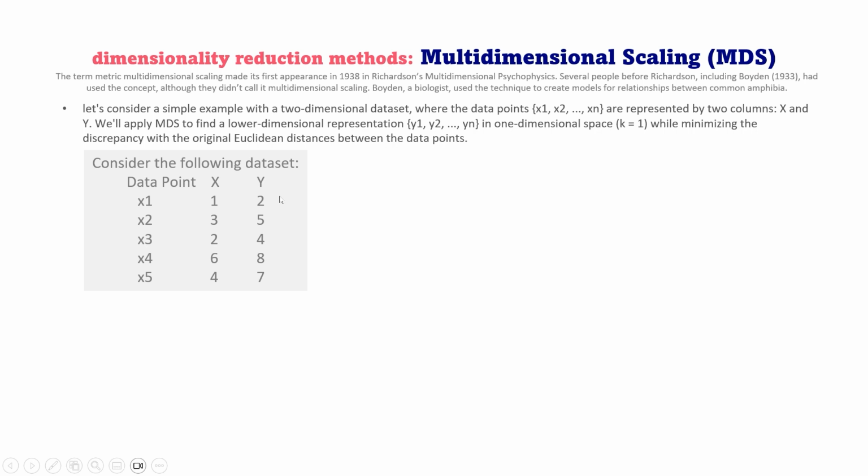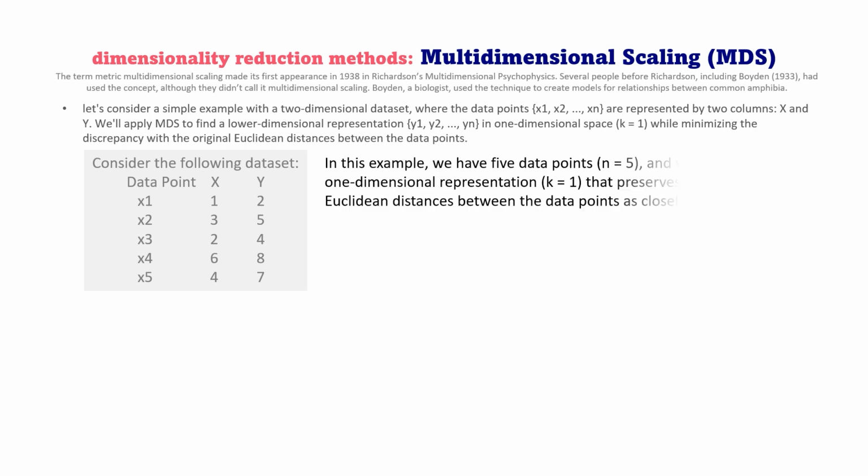So n is equal to 5 and k is equal to 1, that preserves the pairwise Euclidean distance between the data points as closely as possible.